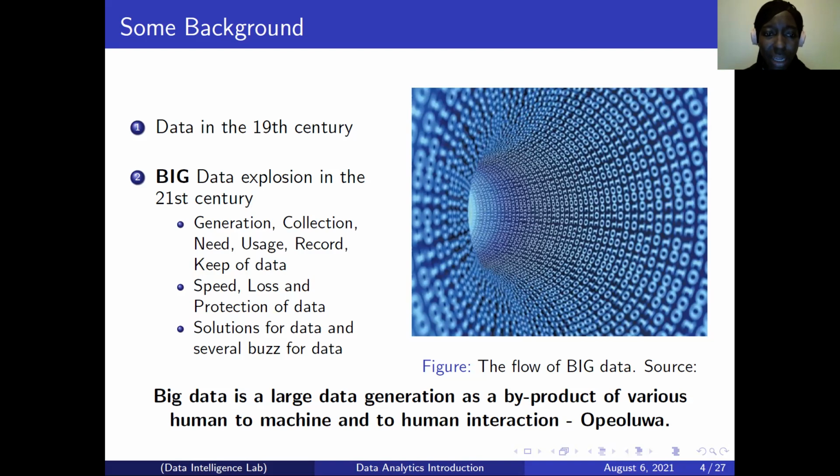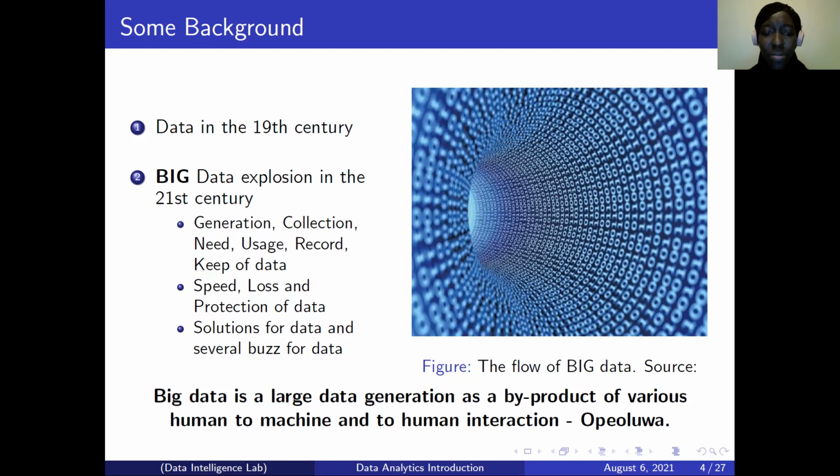But now data is very key, and there are now protection rules for data. Data is no longer getting destroyed as quickly as it was before, but instead data is beginning to accumulate more and more, and this brought about the concept of big data.